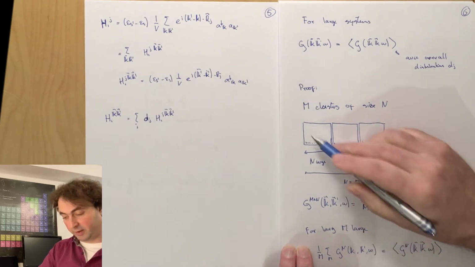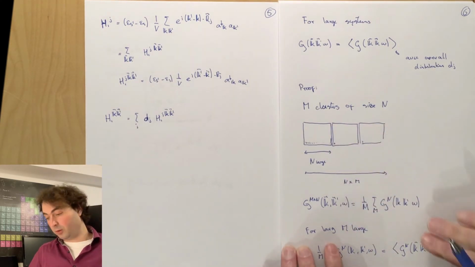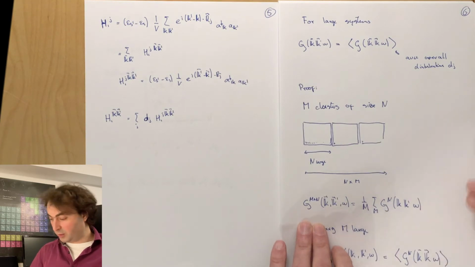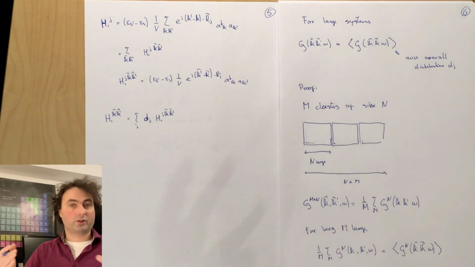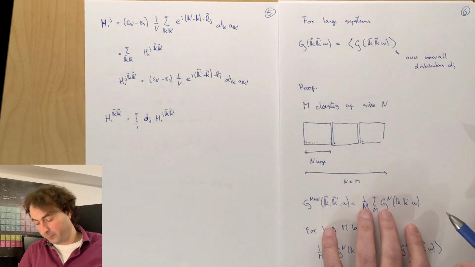And with that we find that the full Green's function becomes the same as the Green's function of the average over all possible clusters.